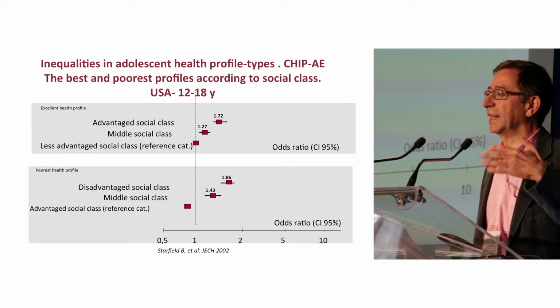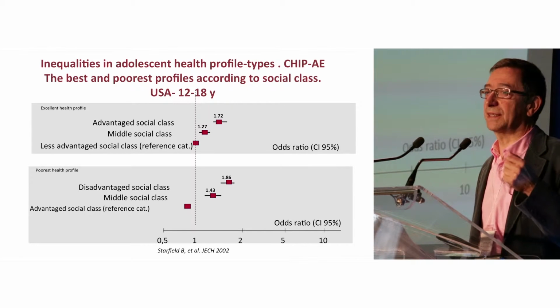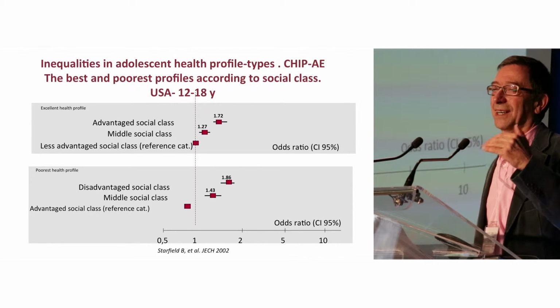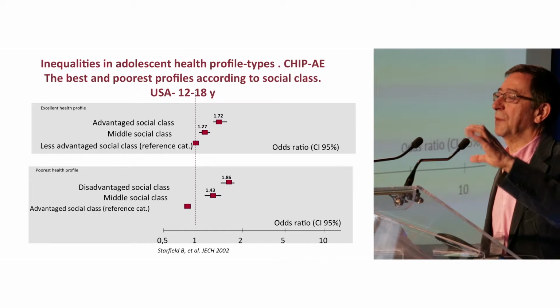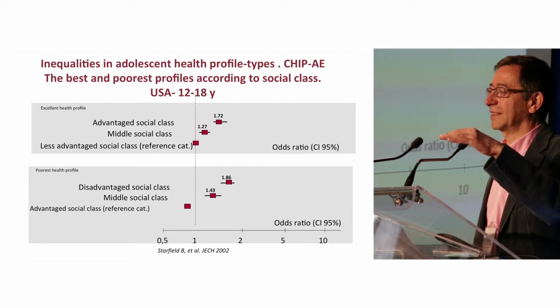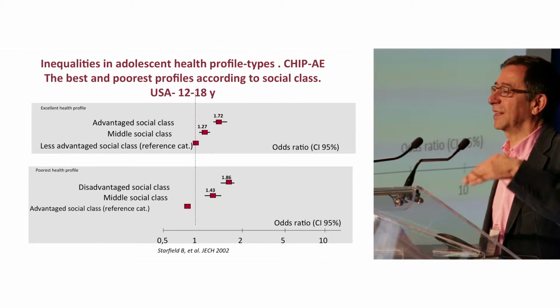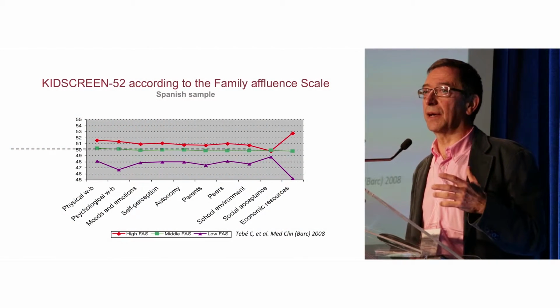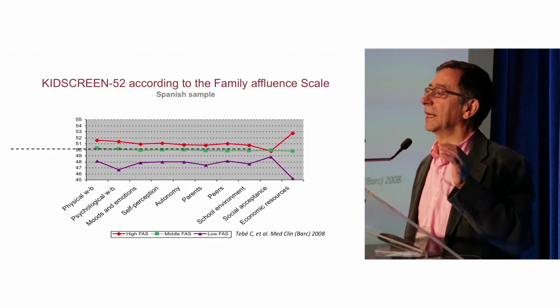In this case, I presented a profile using the Child Health and Illness Profile, Adolescent Edition, according to social class, 2 profiles, the best profile and the poorest profile, and you can see a gradient between social classes, advantaged social classes and disadvantaged social classes, a gradient between them, with, in both cases, the odds ratio being 1.72 and 1.88.